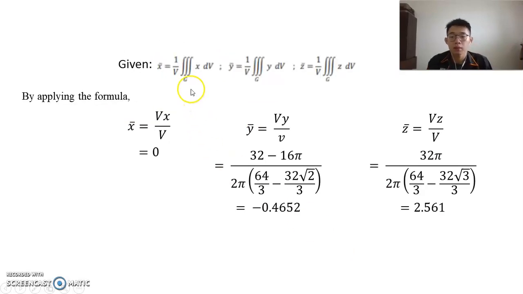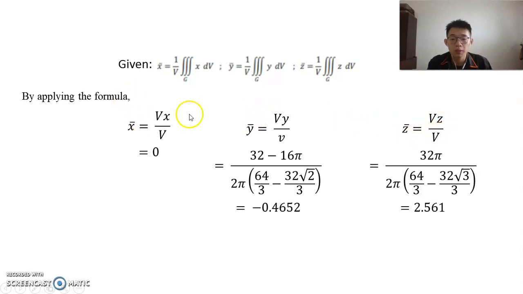Okay. So now, based on the question, the centroid for solid G can be obtained by these three formulas here: x bar, y bar, and also z bar. So basically, x bar is the volume in the yz plane over V. Y bar is equal to the volume in the xz plane over V, and the volume in terms of the xy plane equals Vz over V for z bar.